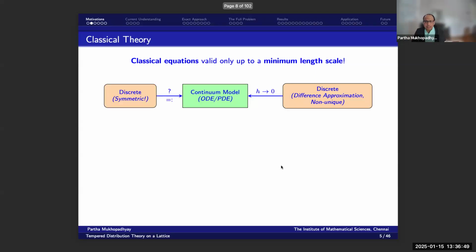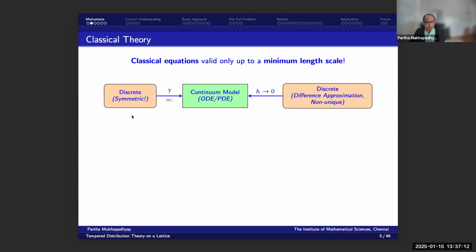But as I mentioned, this continuum model one could view as a mathematical model rather than a realistic one, because realistically we know that it is not going to be valid all the way down to zero length. Therefore one could imagine maybe there is another discrete model which describes it, which is different from the approximation that we considered.